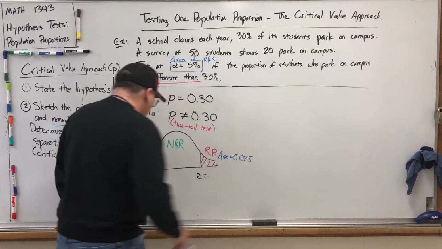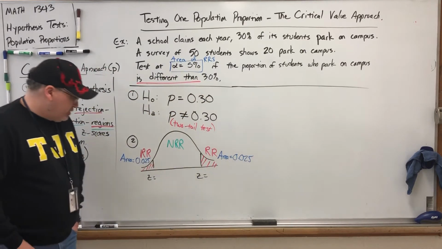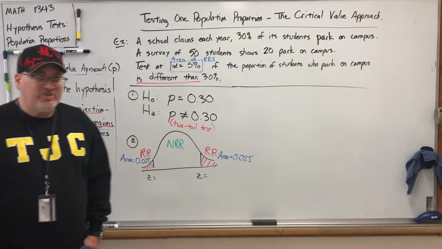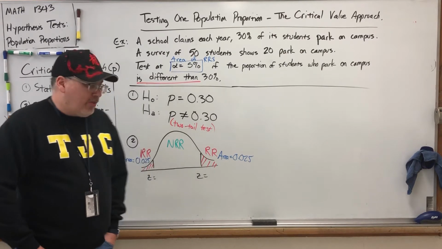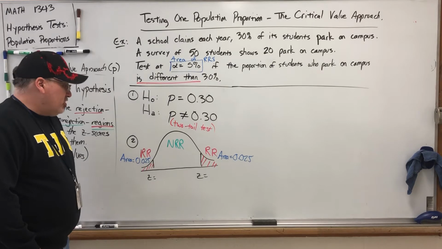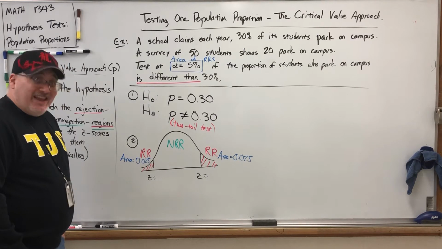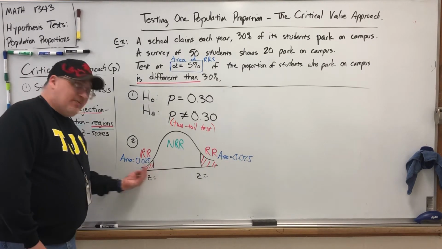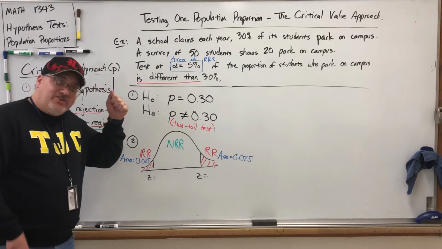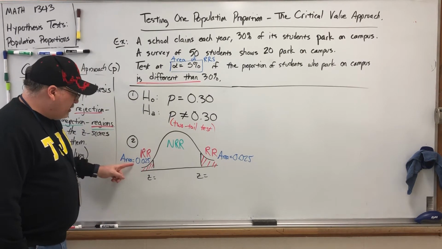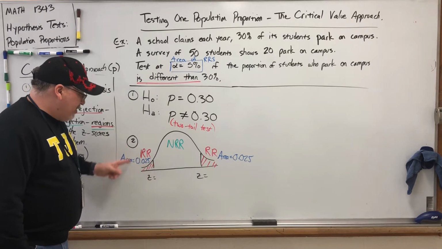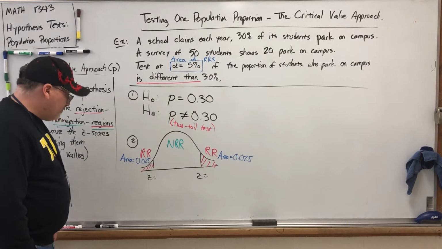Because of the symmetry of the standard normal distribution, I know these z's are going to be opposites, so we really only need to look up one of them and then change its sign for the other one. Keeping in mind that your z-chart works with left areas, I'm going to look up the left z, or rather I would if I had a z-chart in front of me. But I invite you to get out a z-chart, find an area of 0.025.